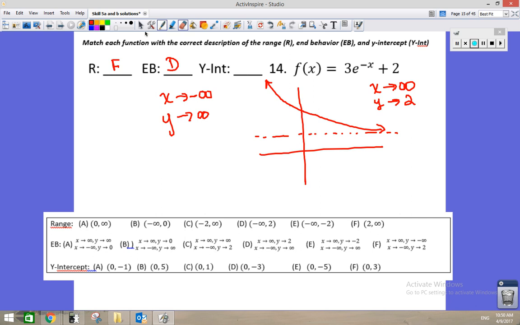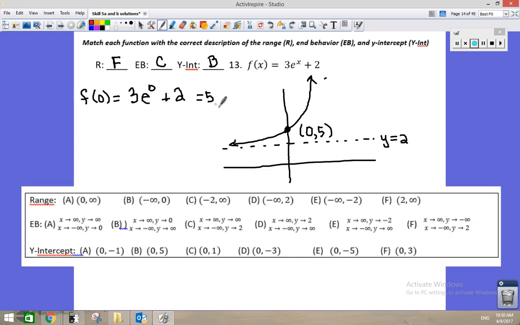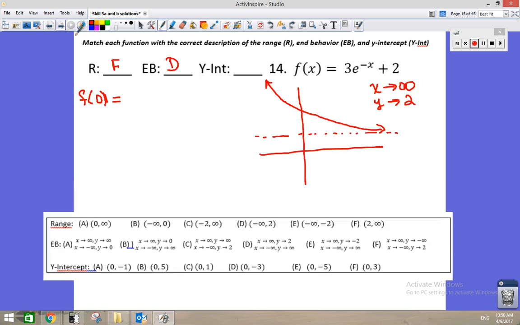Alright, so let's find the y-intercept. For any function, to find the y-intercept, you let x equal 0. So you can see it's going to be the same y-intercept that we had over here, which was 5, because you've got 3, the opposite of 0 is still 0, and 3 times 1 is 3, and 3 plus 2 is 5.